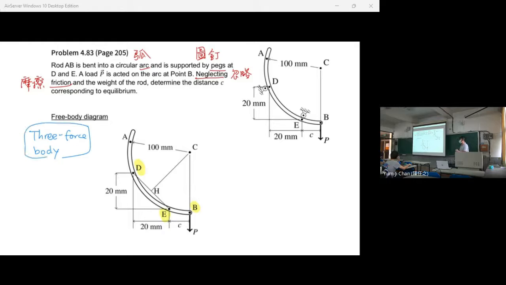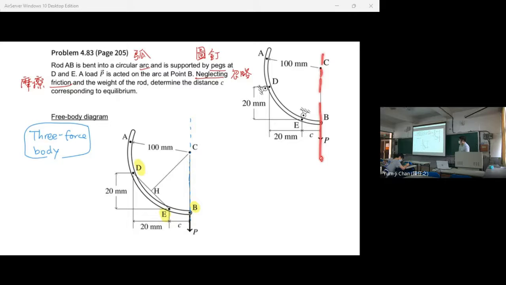This is a free force body. And for a free force body, all the lines of action should intersect at the same point. So the line of action of P is here, and let me draw here.